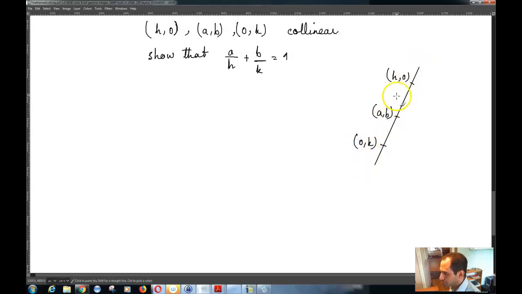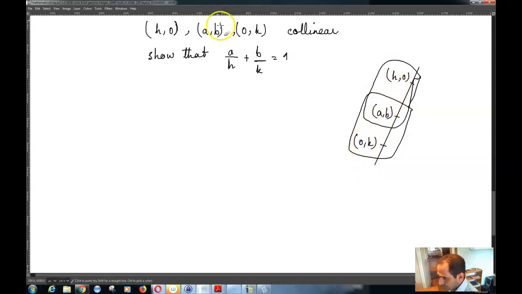If these 3 points are collinear, then if these 2 points constitute a line and these 2 points constitute a line as well, the slope of this line is equal to the slope of this line, because the 3 points are collinear.